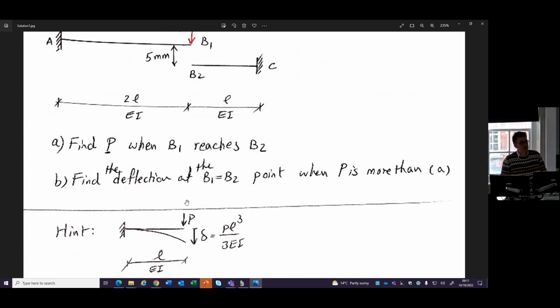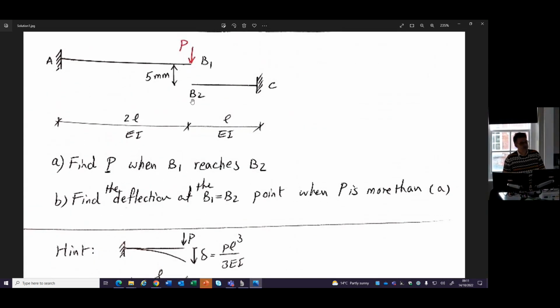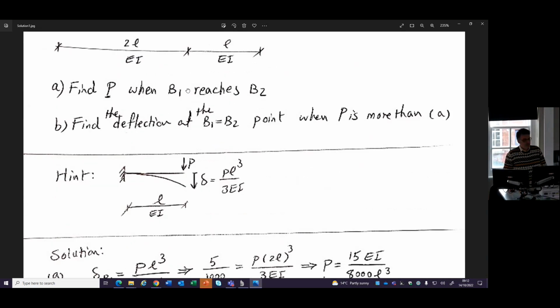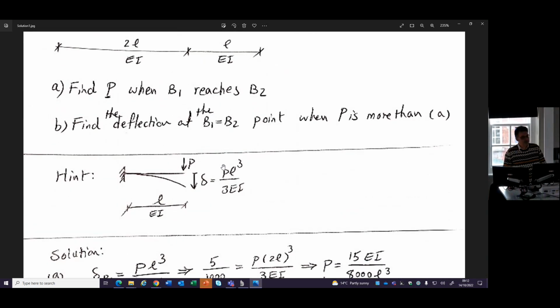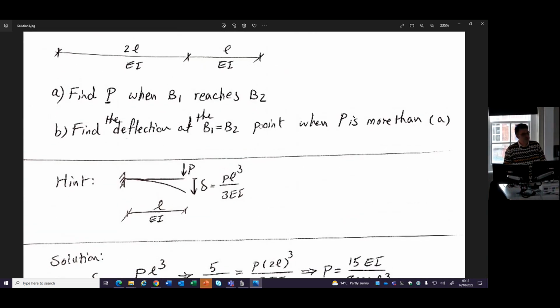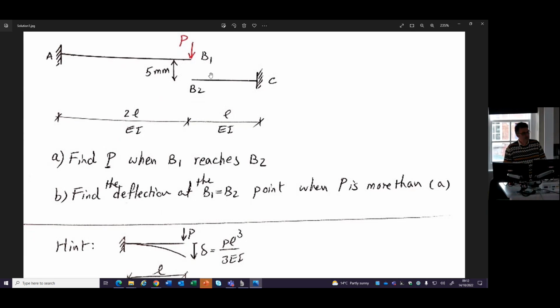So B1 has come down for a certain amount of deflection, right? When B1 comes down, if you write this formula for the left structure, see, B1 has gone down 5 millimeter plus another delta because it gets more down, okay? But B2 has gone down just a delta, not those 5 millimeters, right?